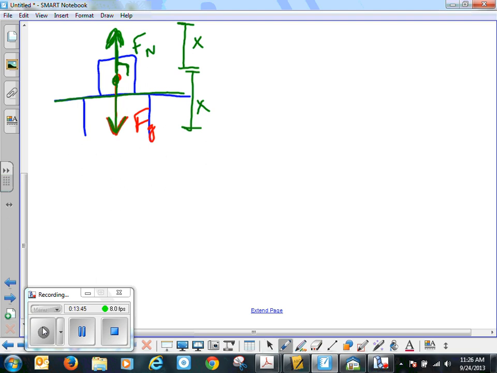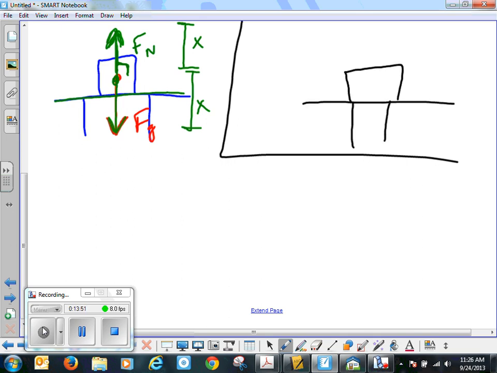Now let's have another one. We now have another table and box situation. Here we have our box, and we'll say that this has a constant velocity, constant v. And we'll say that there's a finger here pushing on this, and it's got a constant v.